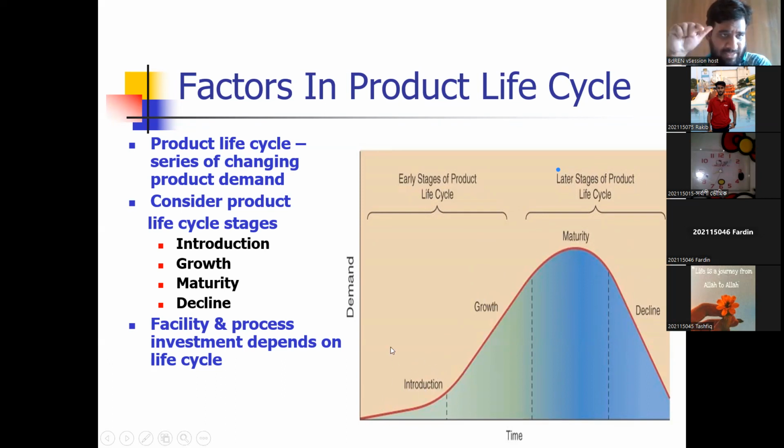Two types of pricing are related to the product life cycle. One is market penetration pricing, P-E-N-E-T-R-A-T-I-O-N, penetration. And another is market skimming, S-K-I-M-M-I-N-G, market skimming pricing. All right. So product life cycle affects product design.